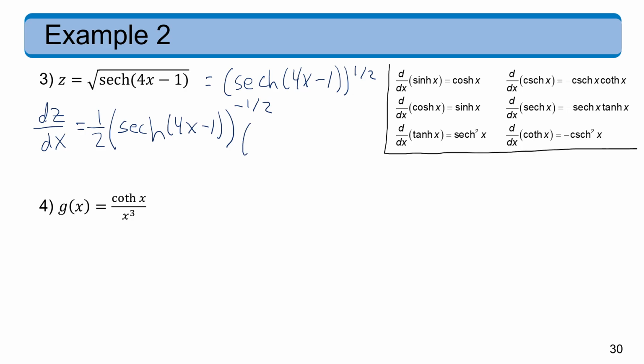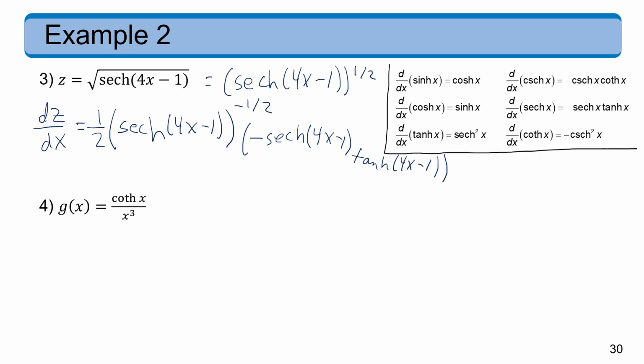And so that's going to be negative hyperbolic secant times hyperbolic tangent. But in both places where there's an x, we have to keep our inside part, which is 4x minus 1. So negative hyperbolic secant times hyperbolic tangent, both evaluated at 4x minus 1.